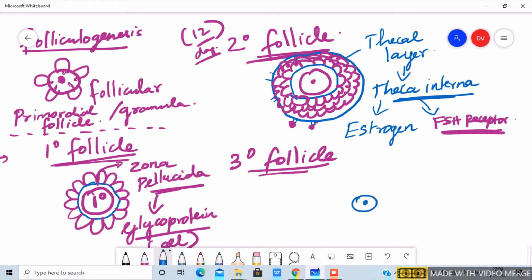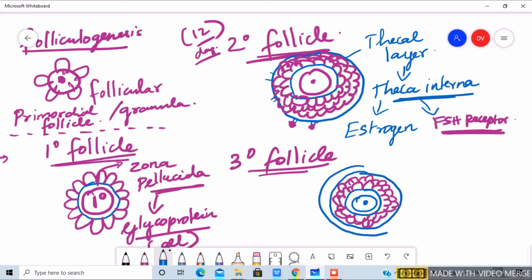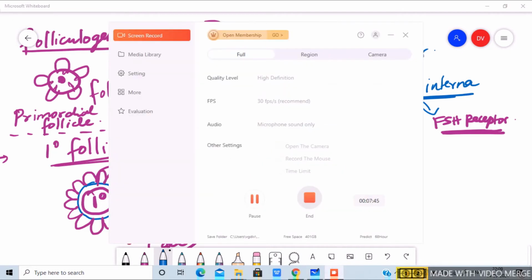You have an egg cell surrounded by zona pellucida. Surrounding that you have many layers of granulosa cells, that is 6 to 8 layers. I am just drawing 2 layers because I do not want to make it look so clumsy. After this, you have theca interna, which will be surrounded by another layer called theca externa.